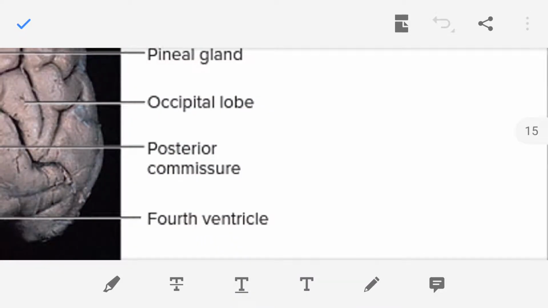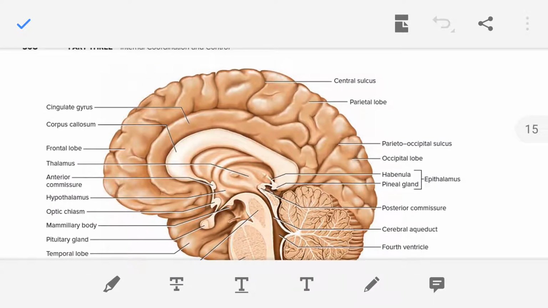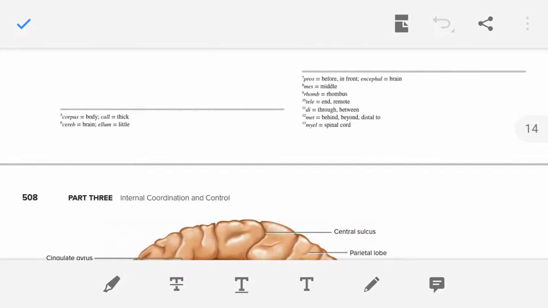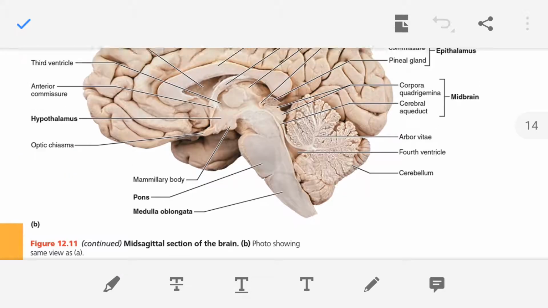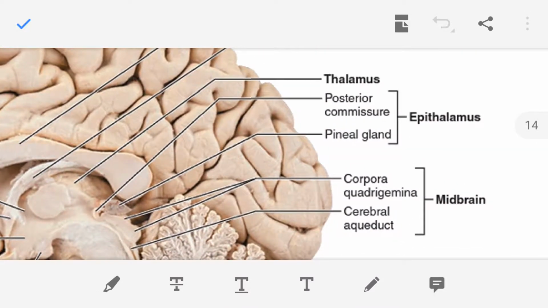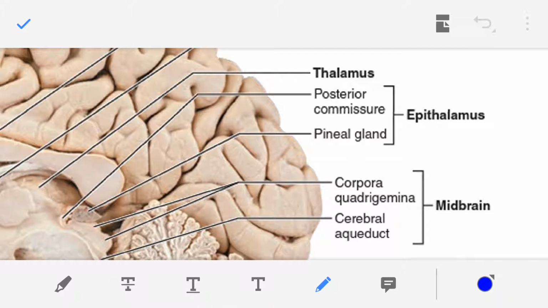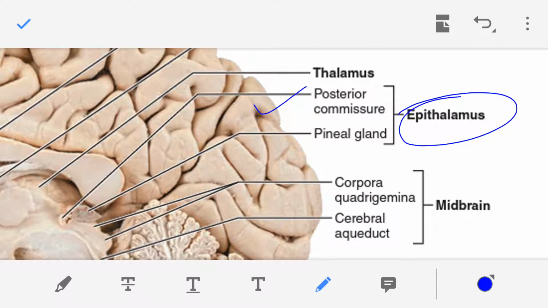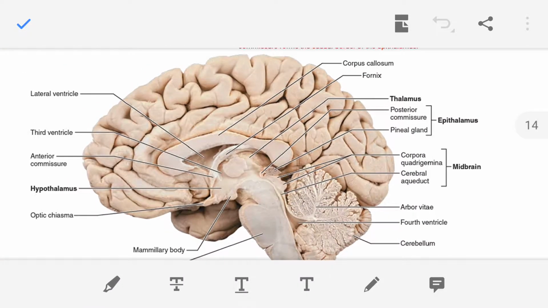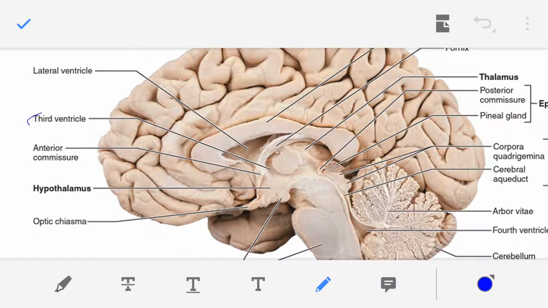Here also the pineal gland in this figure. Here you see, okay, epithalamus, pineal gland, habenula, they are showing. And in this figure, okay, epithalamus, posterior commissure, and pineal gland. And this side, third ventricle. So you see the third ventricle, this part, third ventricle.